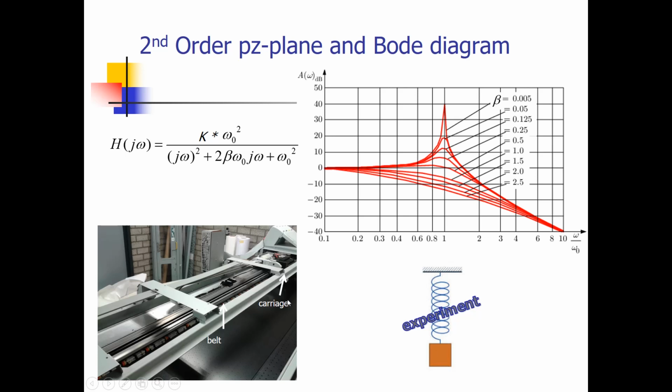And of course, in an electromechanical system or in a drive system, this spring could be a belt, for instance, in a printing system with a belt, and the carriage on which the printheads in this example have been mounted could be my mass. So you have to take into account that there is a resonance frequency. When you design that system, you have to take that into account.